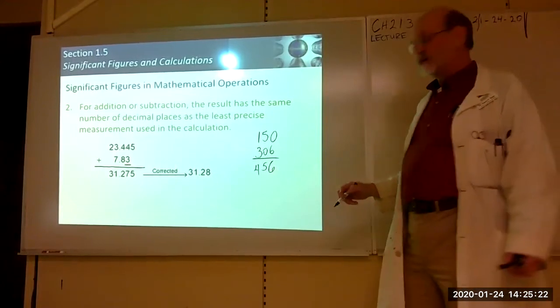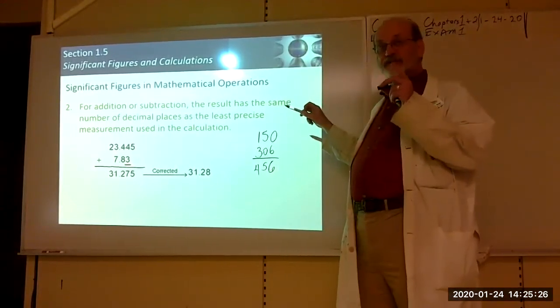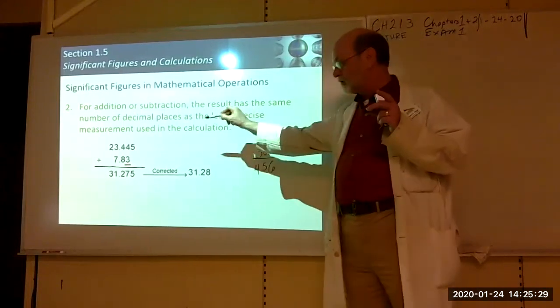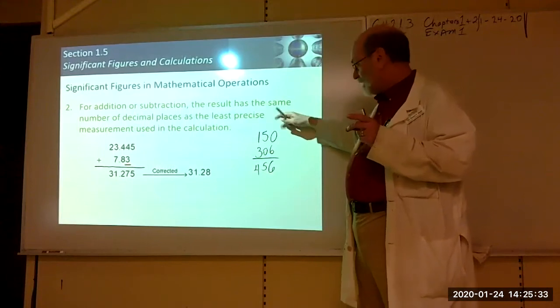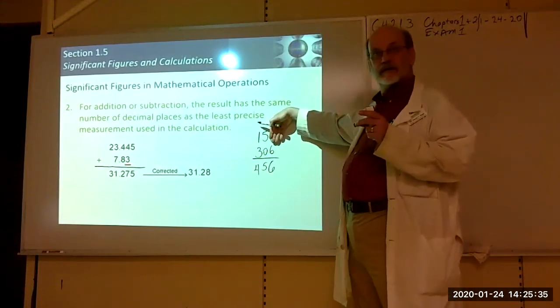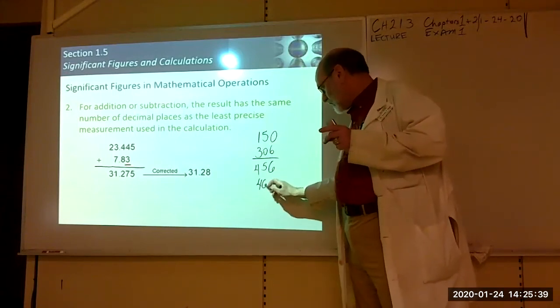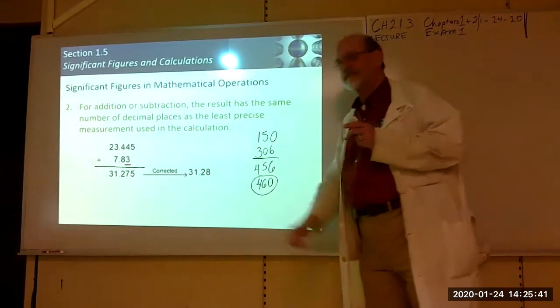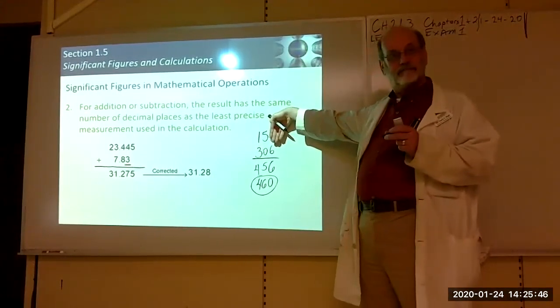Where are you going to go? Well, in this case, the decimal has to be explicit in order to use that rule. So there's no decimal here. That means we have to round it to those 2. So that means it's 460. 2 significant figures. Okay?